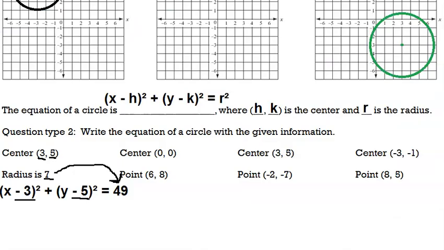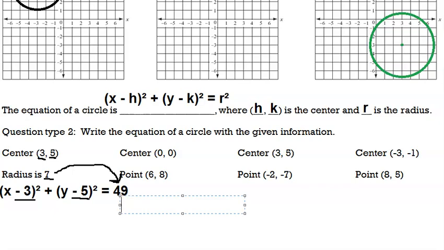All right, now, sometimes it's a little bit tougher. Like, for instance, over here, instead of giving you the radius, you need to use a point. Now, the best way to figure out what's going on here, remember, we have 2/3 of the information that we need.